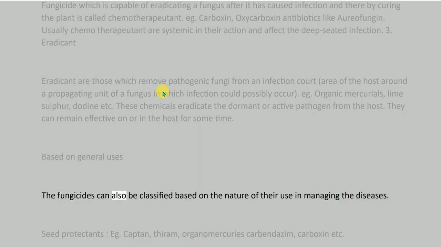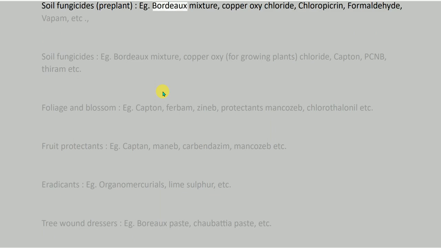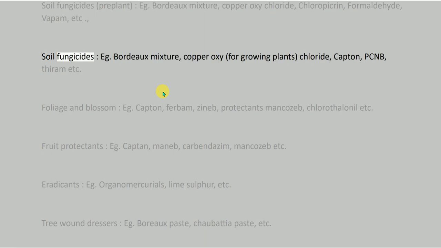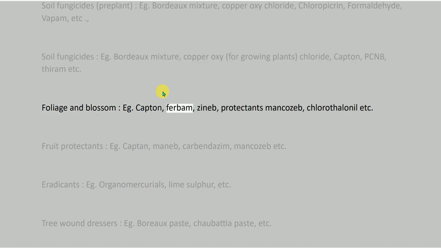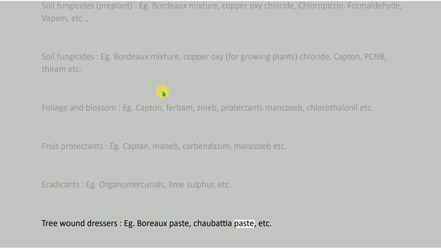Seed protectants, e.g. Captan, Thiram, organomercuries, carbendazim, carboxin etc. Soil fungicides, preplant, e.g. Bordeaux mixture, copper oxychloride, chloropicrin, formaldehyde, vapam, etc. Soil fungicides for growing plants, e.g. Bordeaux mixture, copper oxychloride, Captan, PCNB, Thiram etc. Foliage and blossom protectants, e.g. Captan, Ferbam, Zineb, mancozeb, chlorothalonil etc. Fruit protectants, e.g. Captan, Maneb, carbendazim, mancozeb etc. Eradicants, e.g. organomercurials, lime sulfur, etc. Tree wound dressers, e.g. borax paste, Chaubattia paste, etc. Antibiotics, e.g. aureofungin, griseofulvin, streptomycin, streptocycline, etc.